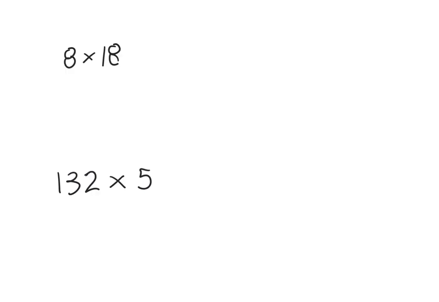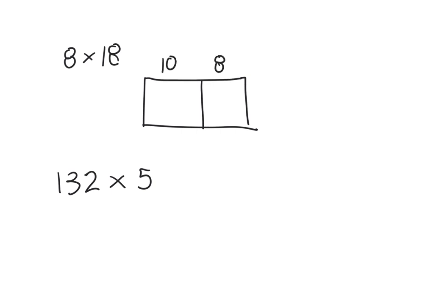All right, I'm just going to quickly show you a few more examples here. So if we're taking 8 times 18, using the area model, we're going to break up this 2-digit number, 18, into its place value. So we're going to start by drawing a rectangle here. And we're going to break up 18 into 10 plus 8. And then we're going to put 8 on this side. All right, we're multiplying. So we're going to first take 10 and multiply that by 8, and that gives us 80.